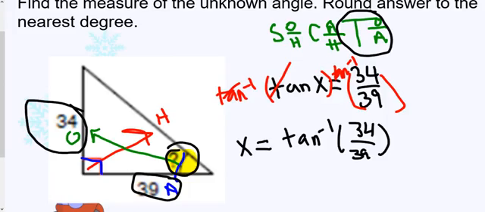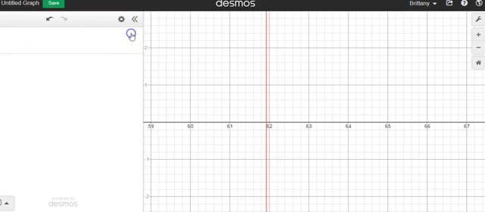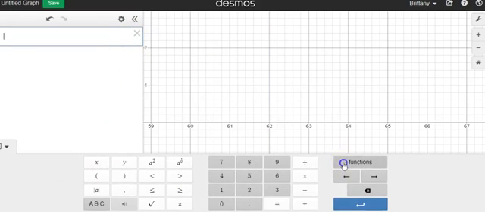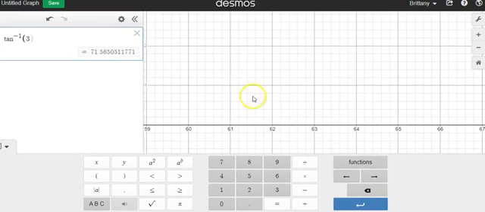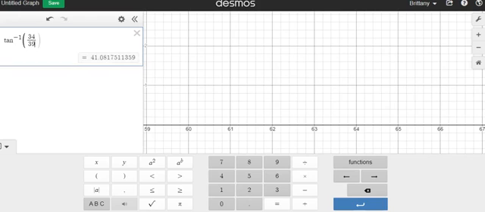I'm going to show you both still. So tangent inverse of 34 divided by 39, we get 41.08, which rounding to the nearest whole number would just be 41.